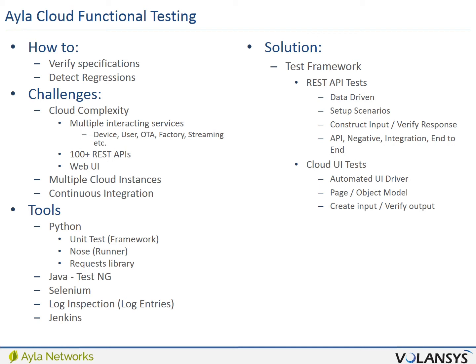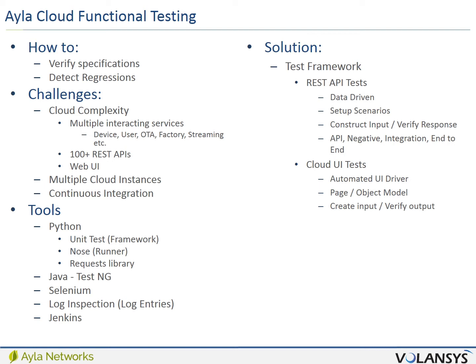So with regard to cloud complexity, one of the problems is that our cloud is very complex. We have several services. We have the device service, the user service, OTA, factory, and cloud-to-cloud streaming services. So each of these services has its own set of REST APIs.